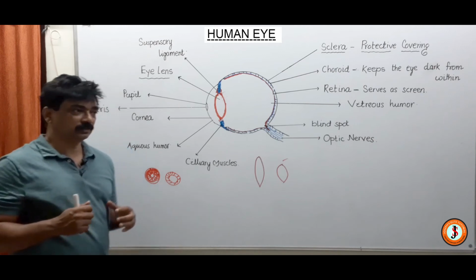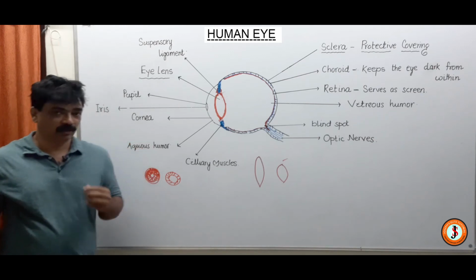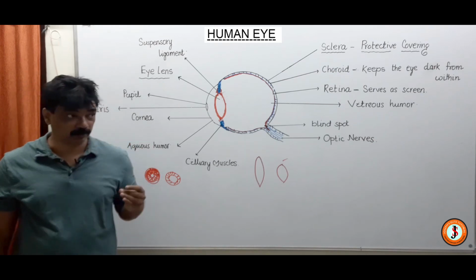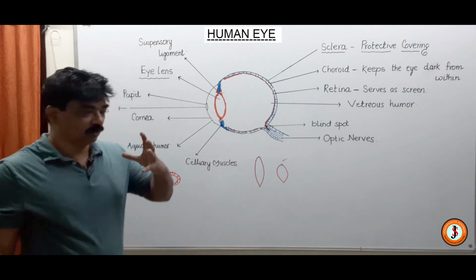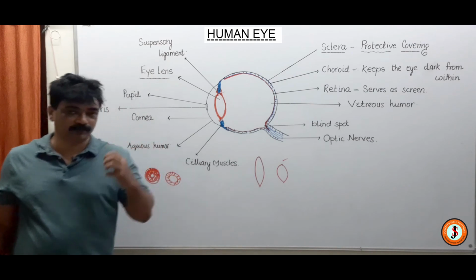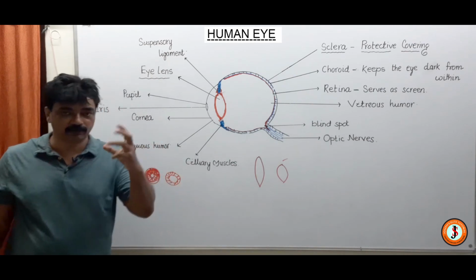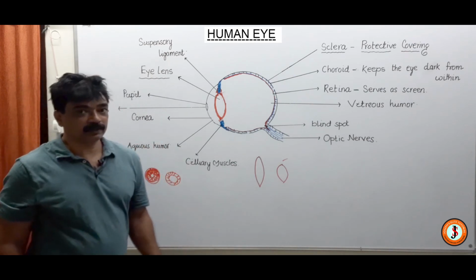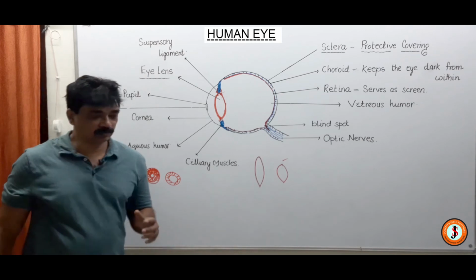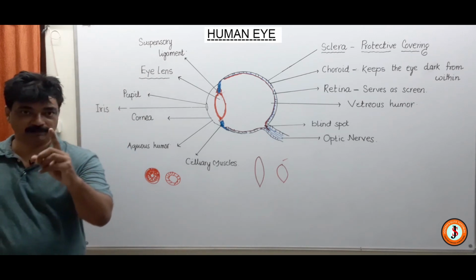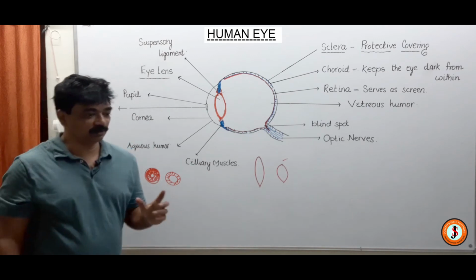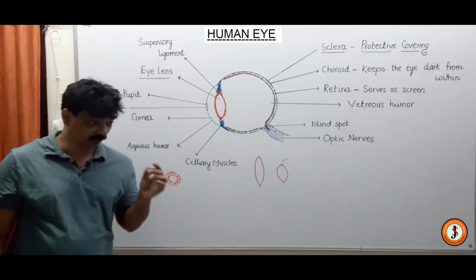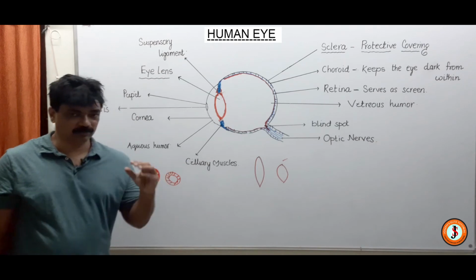Anyway, the pupil size can also change due to shock. Like when you suddenly see something and you're scared, you want to see things clearly, so you try to increase the diameter of that hole, the pupil. That is why when somebody dies, the pupil size is still, and that is why doctors first check whether the pupil is sensitive to light or not.